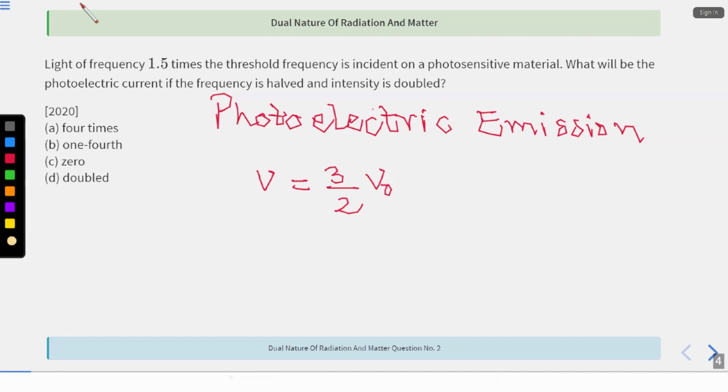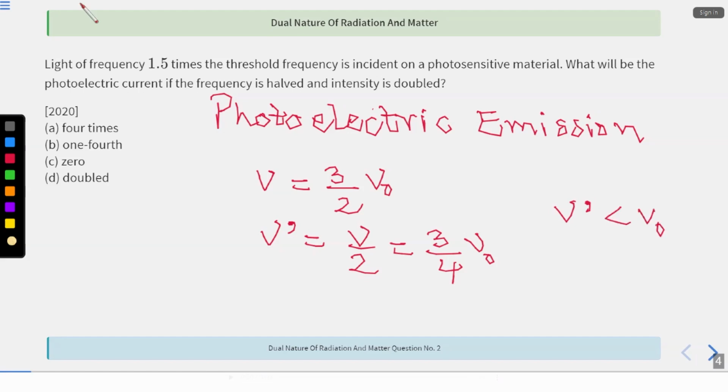So if the frequency is halved, okay, so that means our V dash would be V by 2, right? Let's call it V dash. Would be V by 2. And that is nothing but 3 by 4 of initial threshold frequency, right? So no photoelectric emission will take place because V dash is less than V naught.